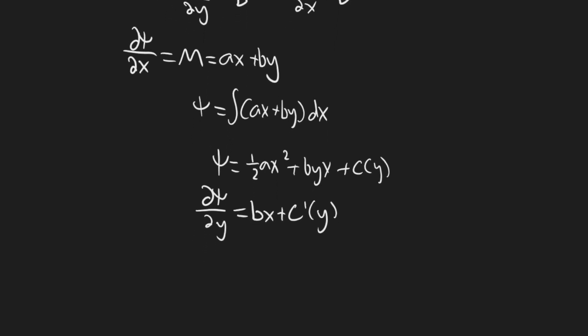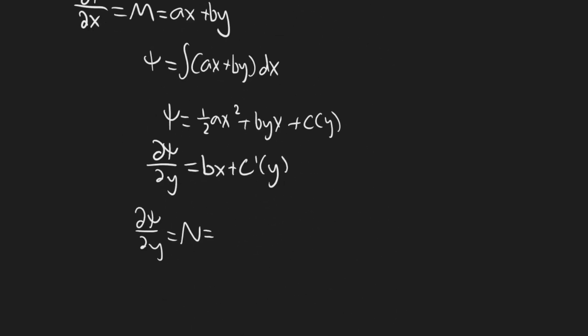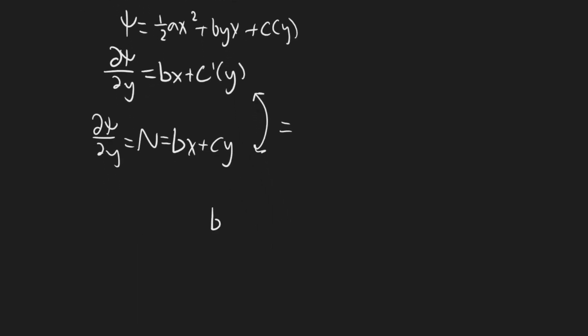Okay, now we know that partial psi partial y also equals n, which in this case equals bx plus cy. Set these two equal, and that gives us bx plus c prime of y equals bx plus cy.